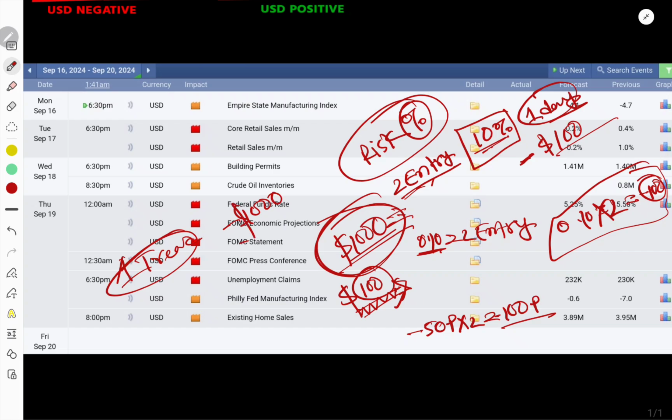A lot of things can happen. I've already seen a lot of traders who lose $1,000 in one trade. It can be $10,000, it can be $100,000. So if you want to take 10% risk, your maximum loss could be 100 bucks, not more than that.